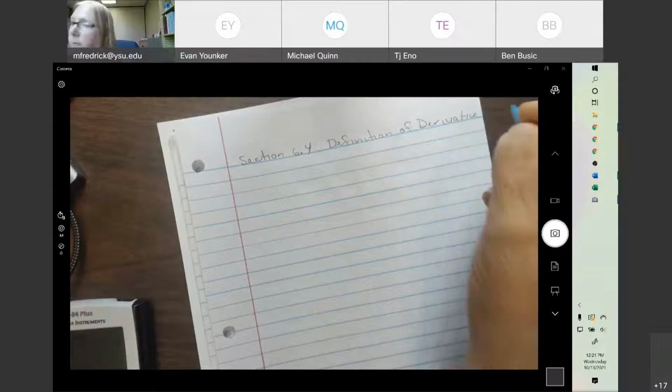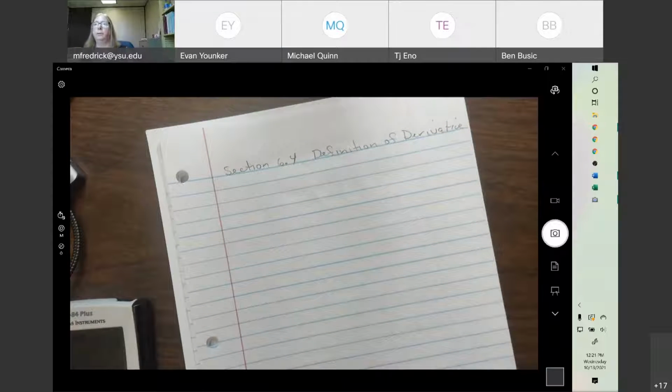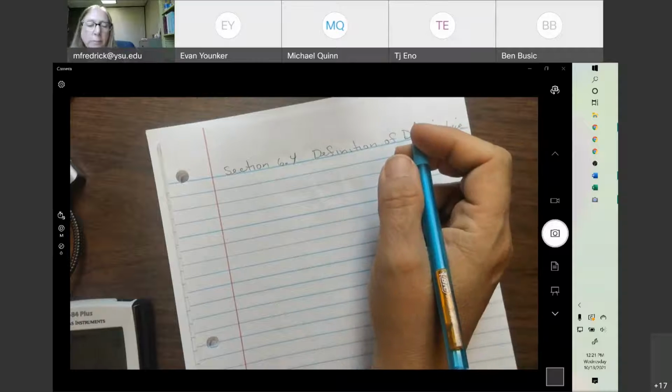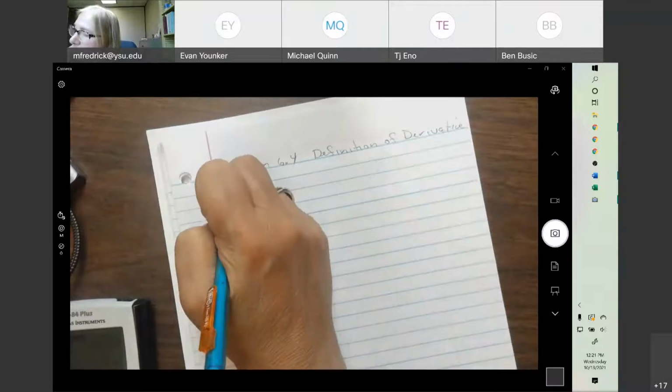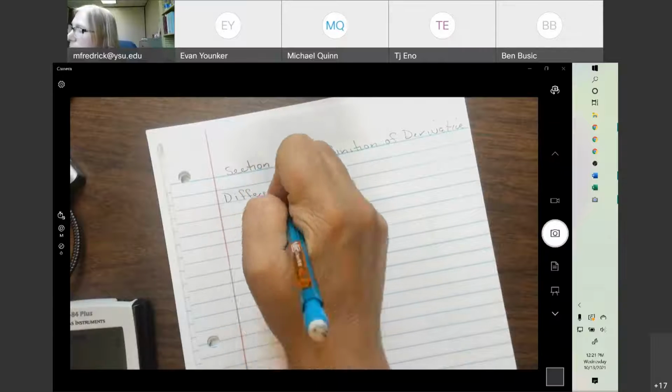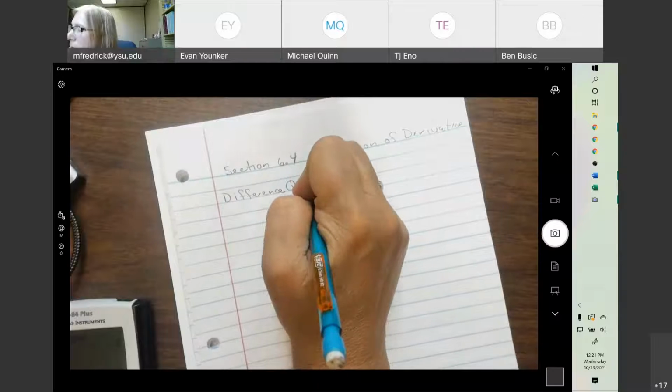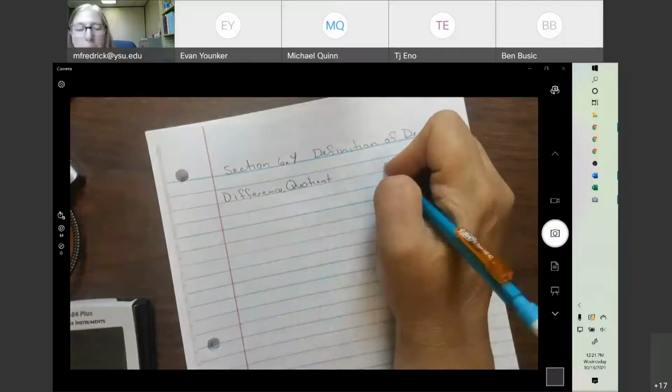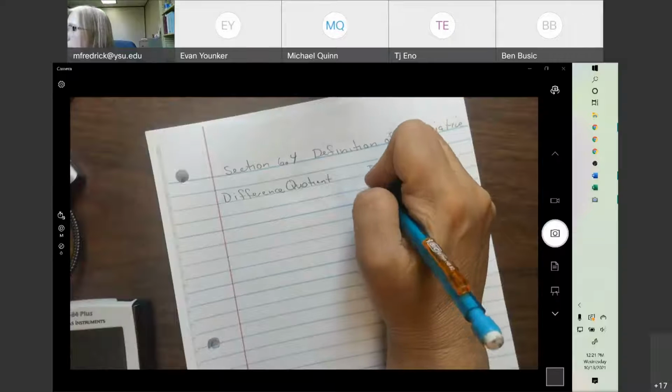And it kind of reviews what we just did, at least for the slope part, but then there's another version, a 4-step process. But there's what's called the difference quotient. And the derivative.